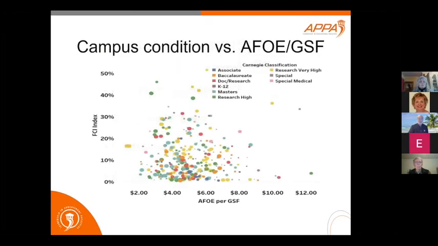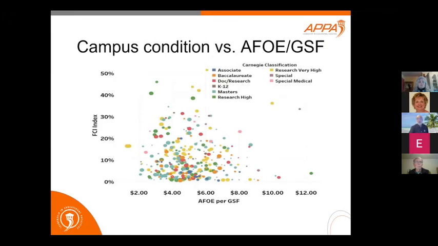So again, looking at the campus condition and how much is spent to maintain the campus. What can we do? Well, maybe we want to set a goal of lowering our facility condition index.